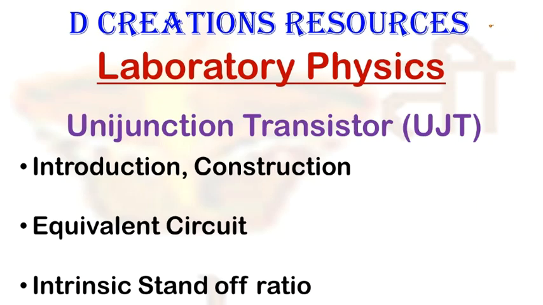If you denote it as V1, we can say that V1 is equal to RB1 upon RB1 plus RB2, and this whole ratio into VBB. So you can write it as RB1 upon RBB, this whole bracket into VBB, or in other words RB1 into VBB divided by RBB.